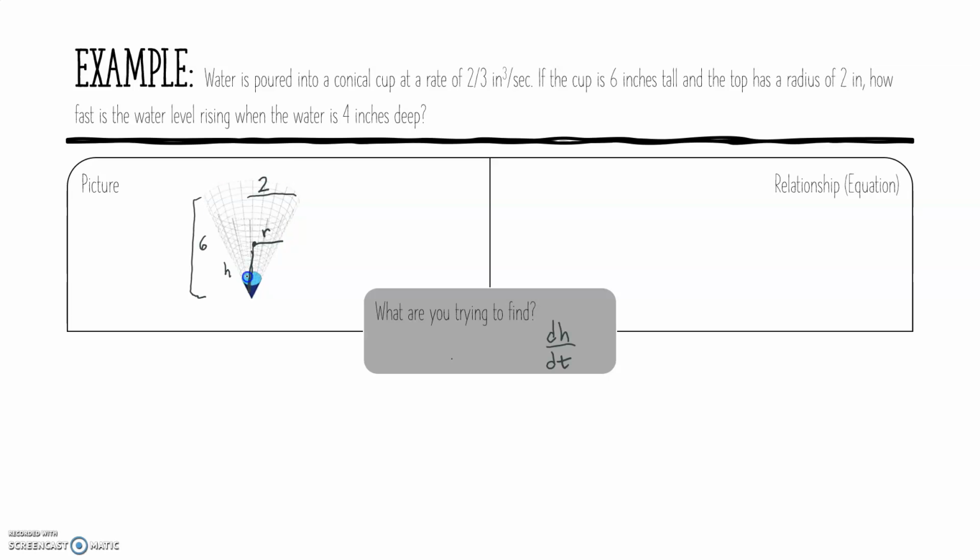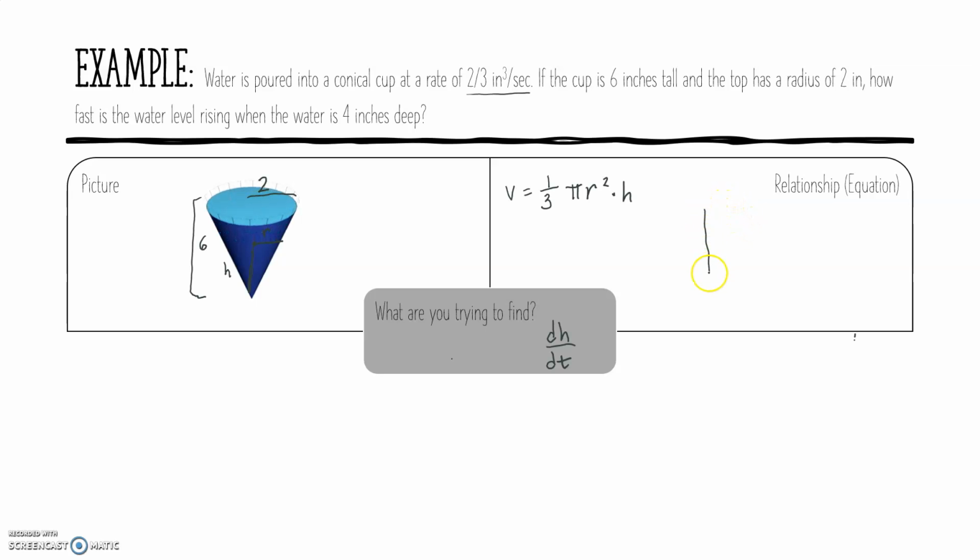One of the relationships is between the volume, because we have this rate of change in the volume, and the height. And so that relationship for a cone is 1/3 times the area of the base, since it's a circle, pi r squared, times the height. That's not a formula that we expect you to have memorized. So if you didn't remember the formula for a volume of a cone, that'd be okay. We'd give you that. But here's the tricky part.